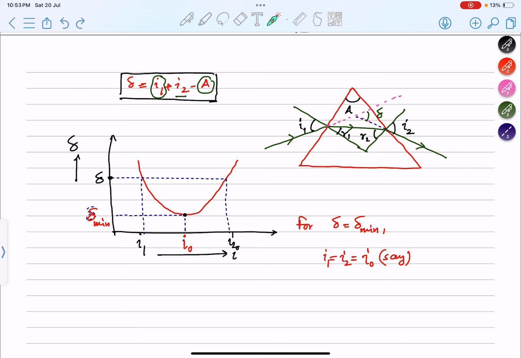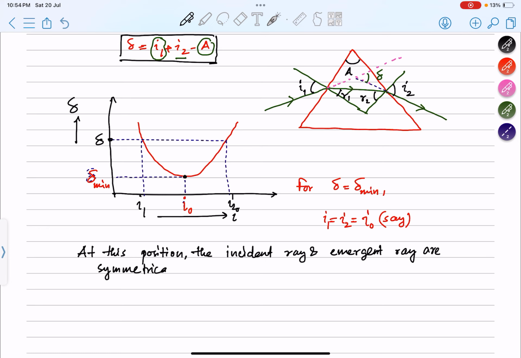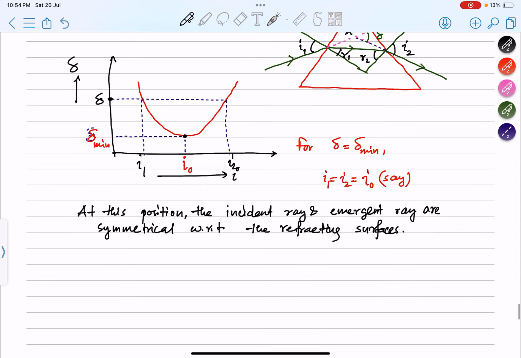So at this delta minimum position, the incident ray and emergent ray are symmetrical with respect to the refracting surfaces. That is all.